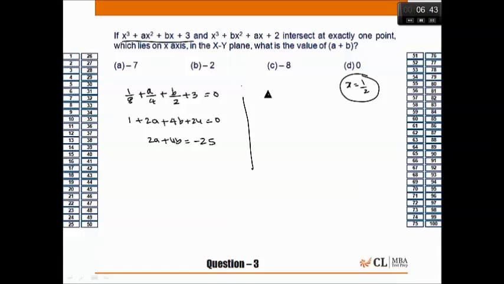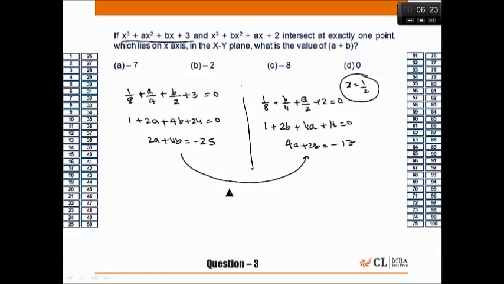Then 1 by 8 plus b by 4 plus a by 2 plus 2 equals 0. Multiplying by 8, 1 plus 2b plus 4a plus 16 equals 0, so 4a plus 2b equals minus 17. Adding the equations, 6a plus 6b should be minus 25 minus 17, which is minus 42. A plus b equals minus 7. Awesome.